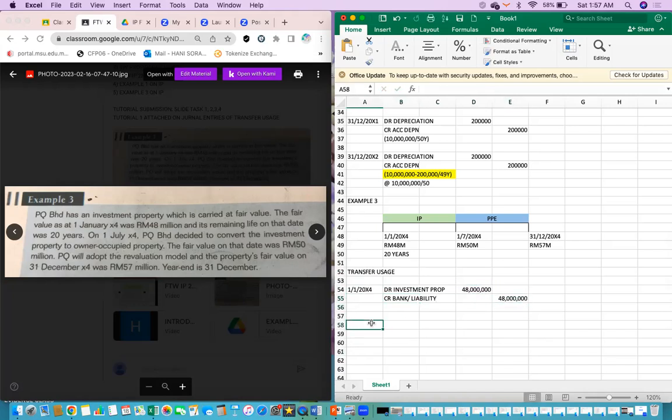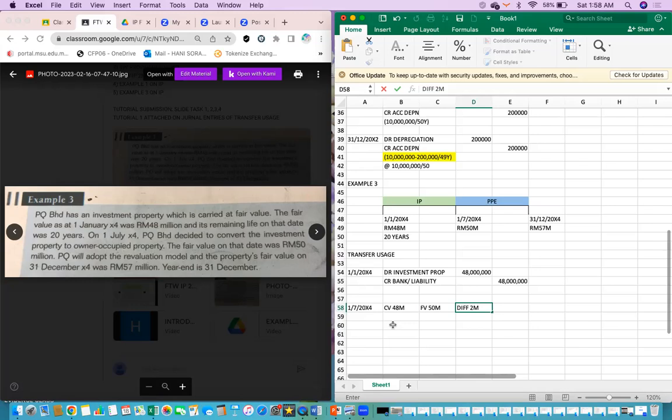Okay, next, dated on 1st of July 2004, the fair value becomes 50 million. You have to settle this particular investment property in its original form, which means you have to settle the revaluation under fair value model. So you can see that the carrying value is 48 million, and then the fair value is 50 million. So the difference is 2 million.